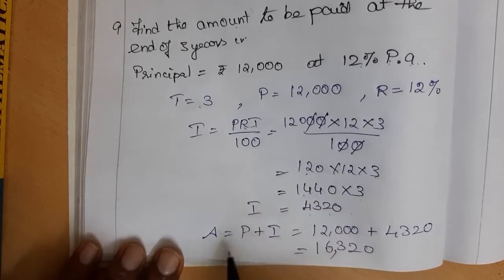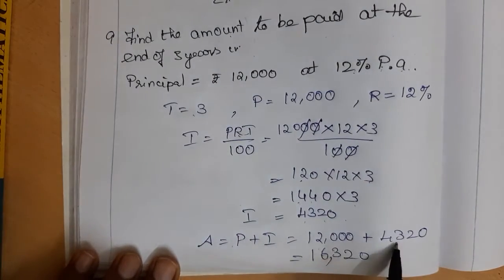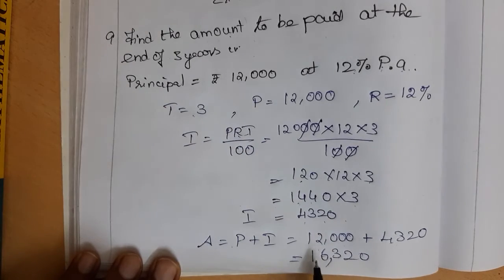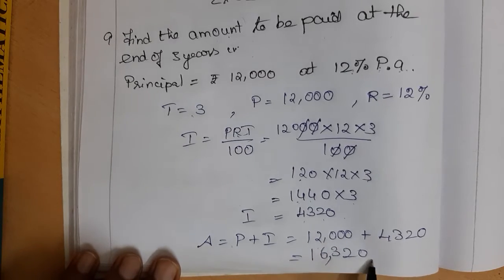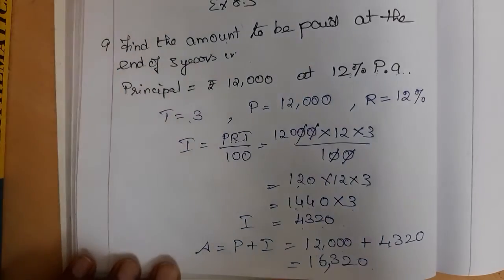So it is only the interest, and we have to find the amount, that's what the question asks. So amount is equal to 12,000 plus the interest amount 4,320. So at the end of the third year, we have to pay 16,320 when we repay with simple interest.